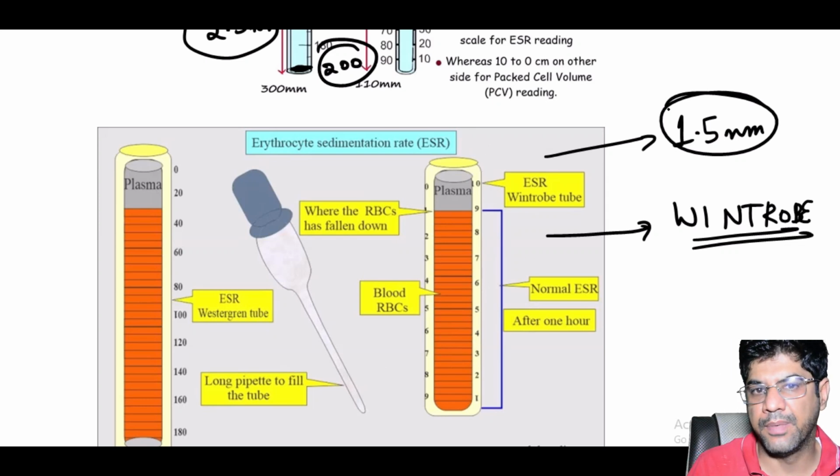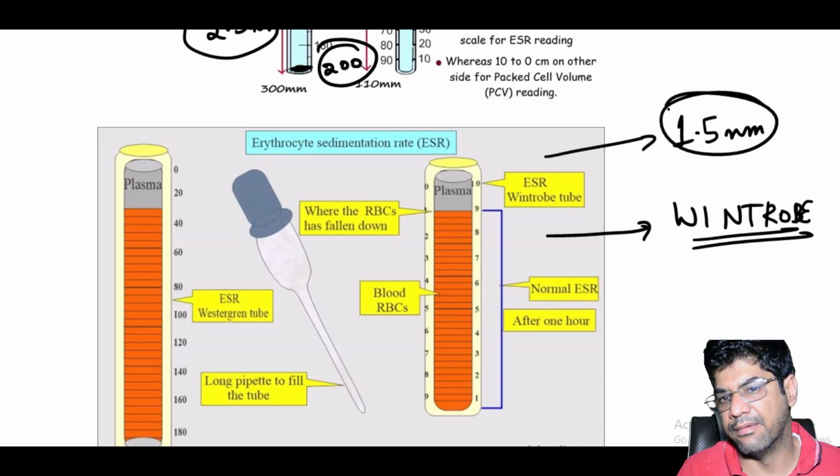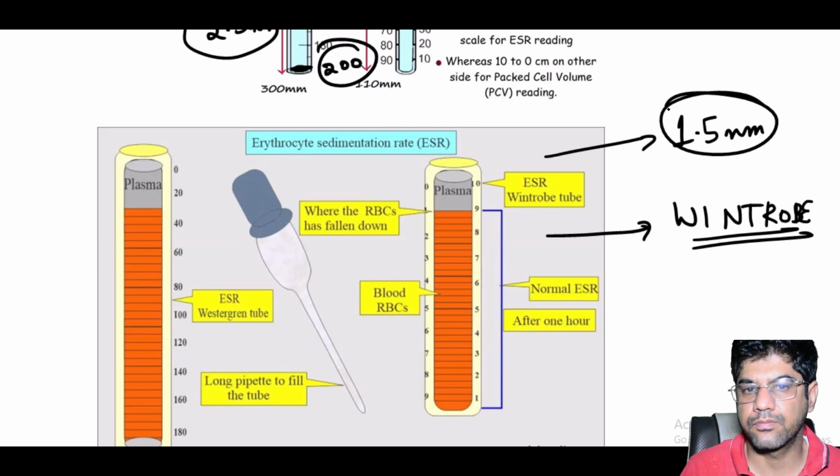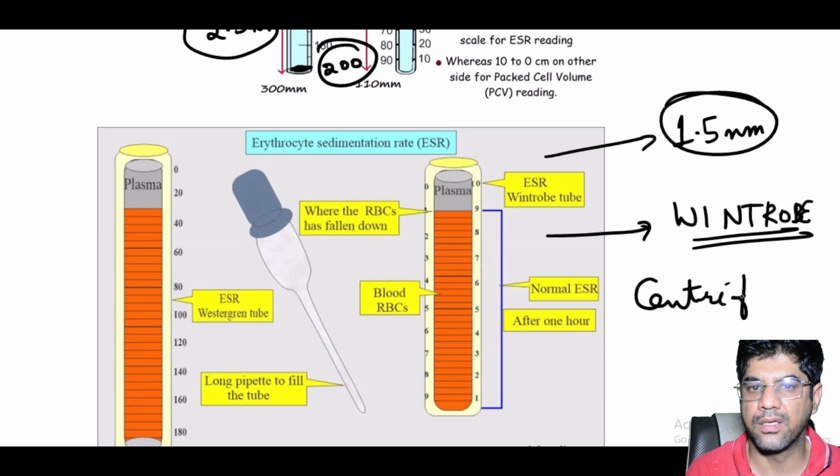The blood anticoagulant mixture is added to the Weintraub tube, filling it to the mark level 0. So the filled tube is placed in a centrifuge and it is spun for 1 hour.